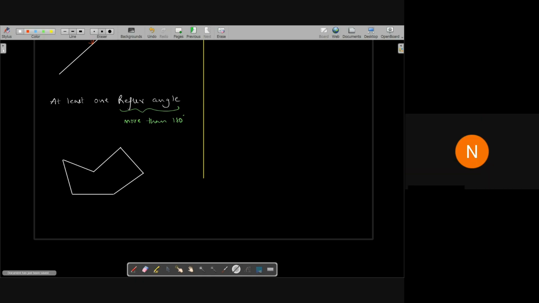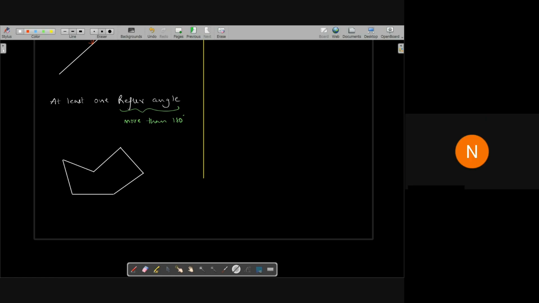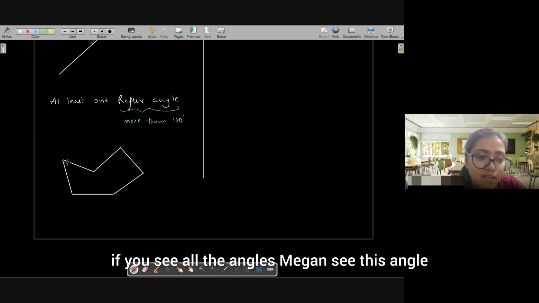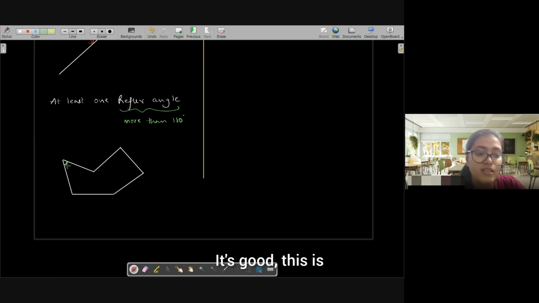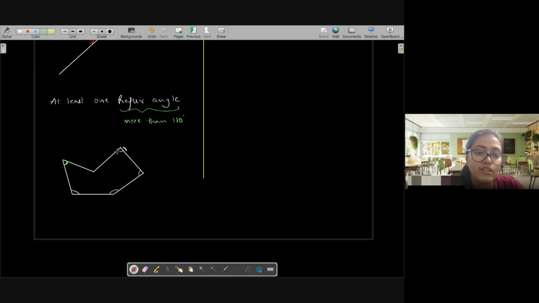See, Megan, this is a closed figure. And it is also made up of line segments, right? So it's a polygon, but it's a concave polygon because if you see all the angles, Megan, this angle is good, this is less than 180. This is also less than 180. This is also less than 180. This is also less than 180. This is also less than 180.